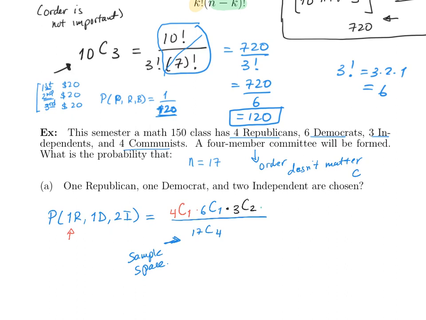So this will be 4 choose 0. I recommend you write this part. If you don't write that, it's still technically correct, because anything choose 0 is equal to 1. But I highly recommend you write that number there.